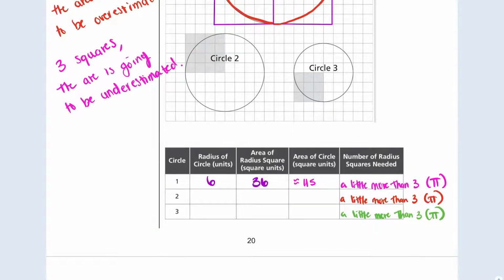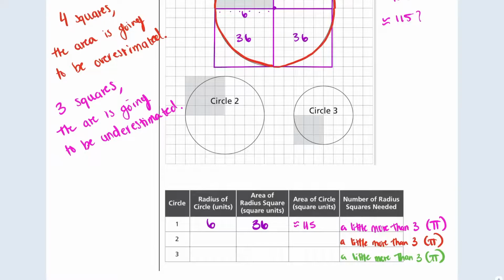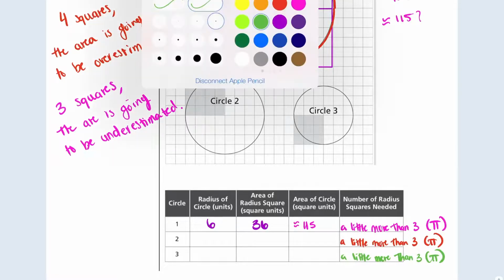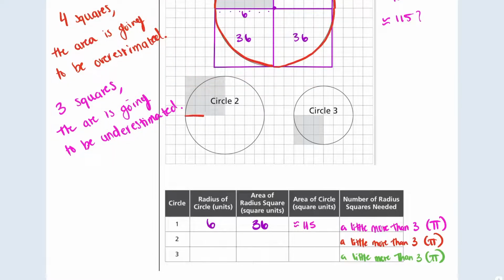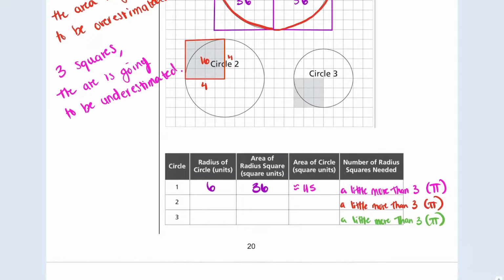Hopefully you paused the video. I'm looking at circle 2. So my radius for circle 2, I believe, is 4, right? So therefore the area of the radius square is going to be 16. Because it's a 4 by 4 square. Okay. So the radius of the circle is 4 units.